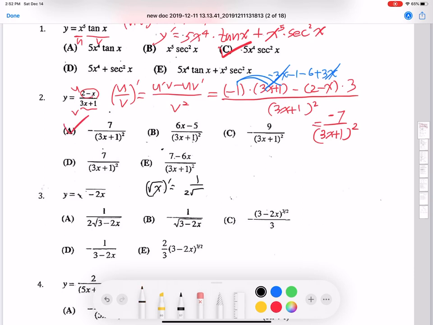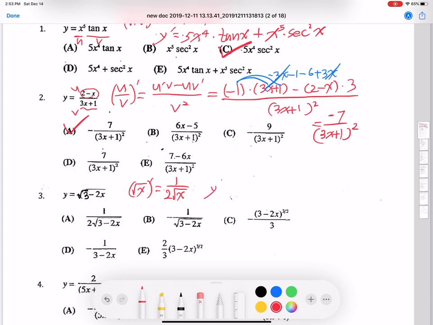Number 3 looks like the square root of 3 minus 2x, okay? What is the derivative of the square root of x? That formula is 1 over 2 root x. So basically you can use that.